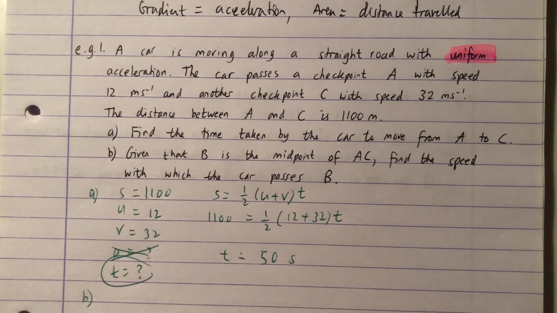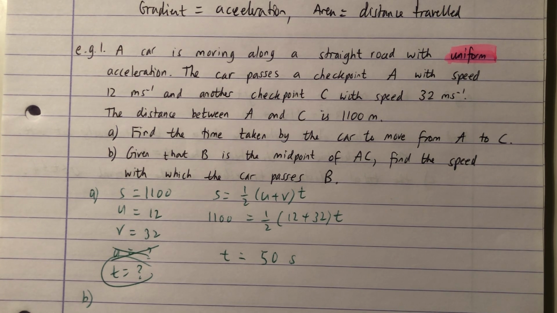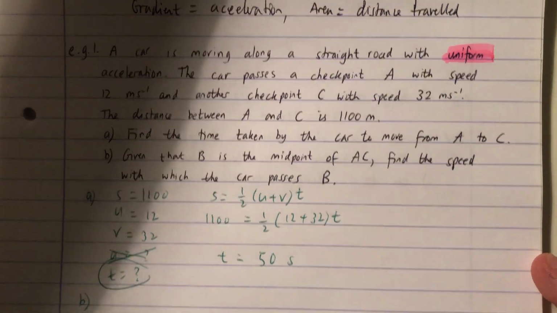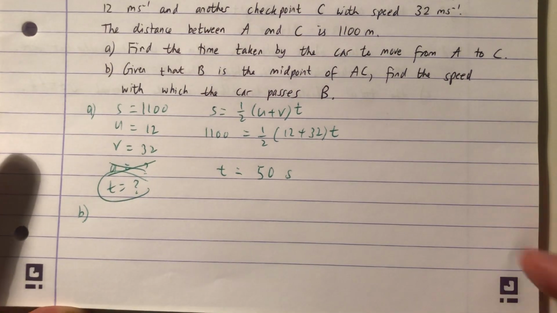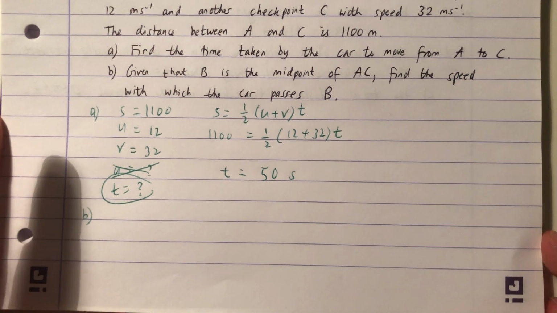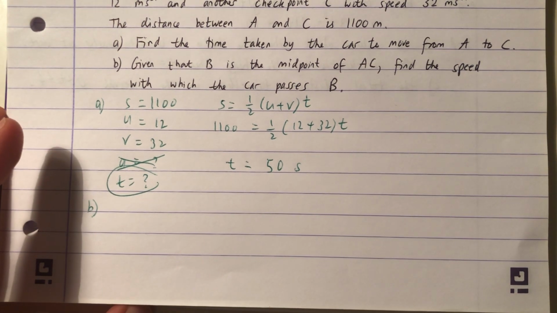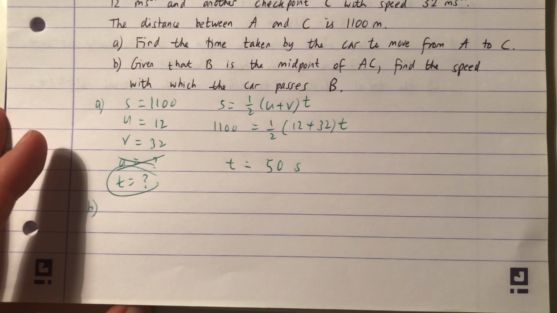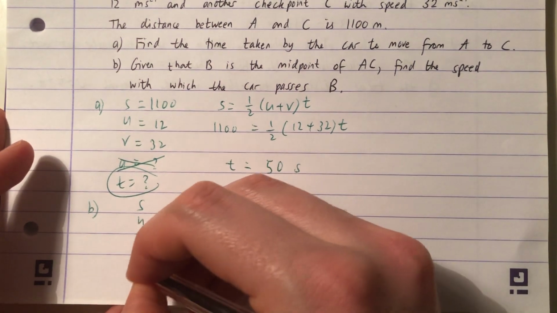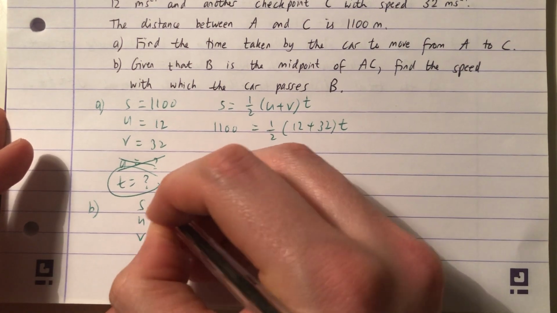Then part B, given that B is the midpoint of AC, find the speed with which the car passes B. So, how are we going to do this? Let's try SUVAT again, but be careful.